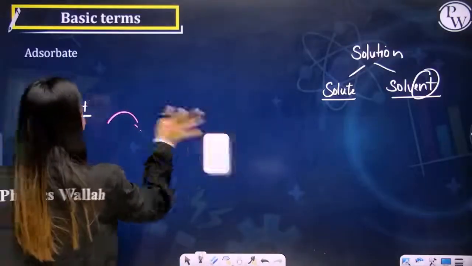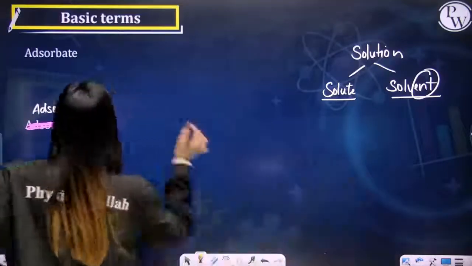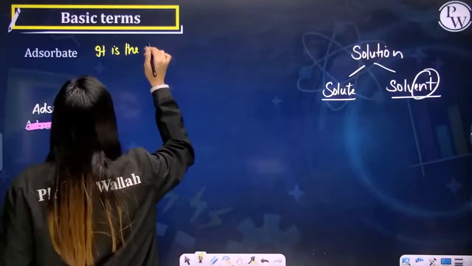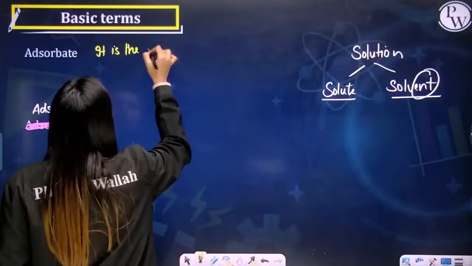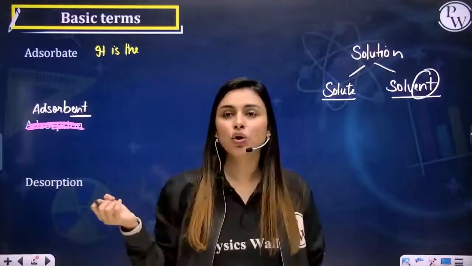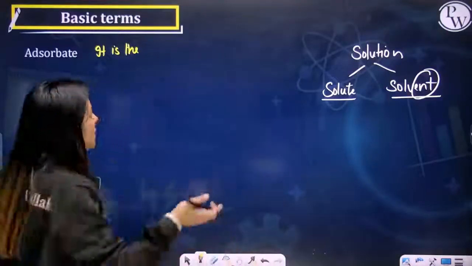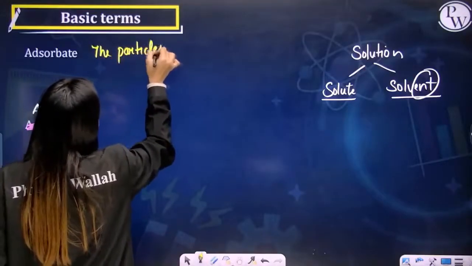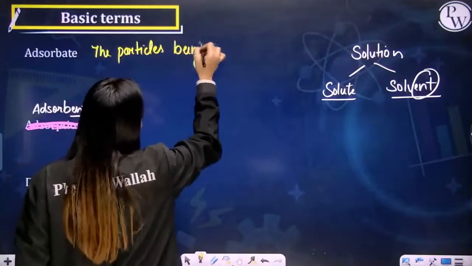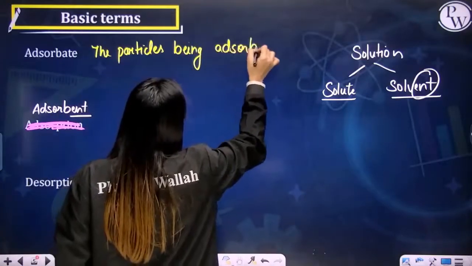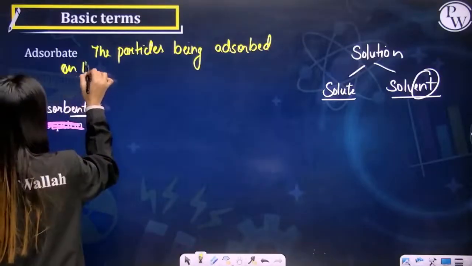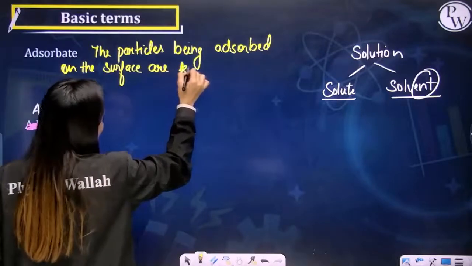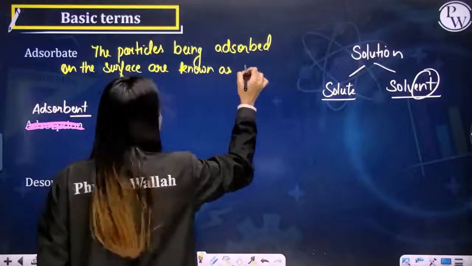So can I say that adsorbate gets adsorbed on the surface? The particles being adsorbed on the surface are known as adsorbate.